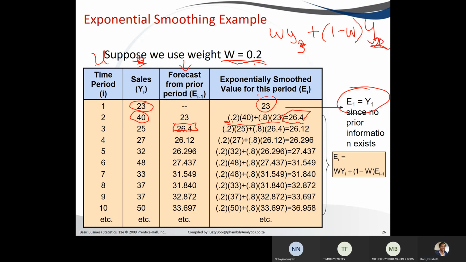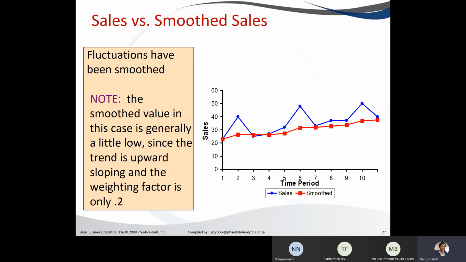And we complete the whole table and so forth. And then when you are done, you are able to smooth out your actual sales and create what we call a smooth sale using the smoothing technique.